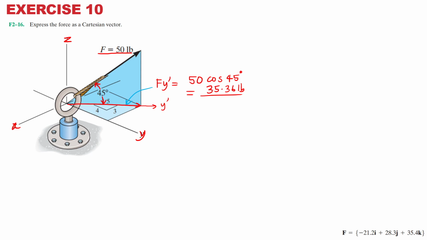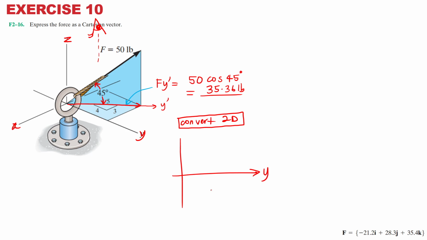What else? Fy prime. If you are still confused, you can convert into 2D. How do you do that? You just imagine you have an eye on top here. This is your eye, it's looking down. So when it looks down, you're going to see something like this. This is the y-axis.